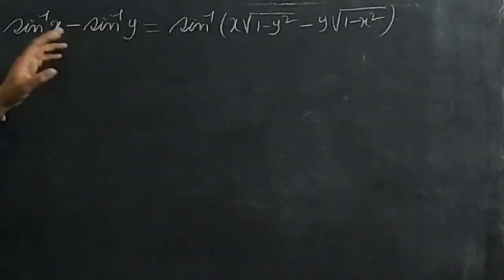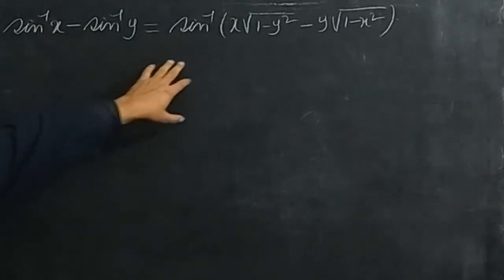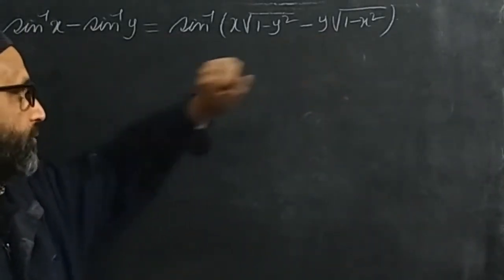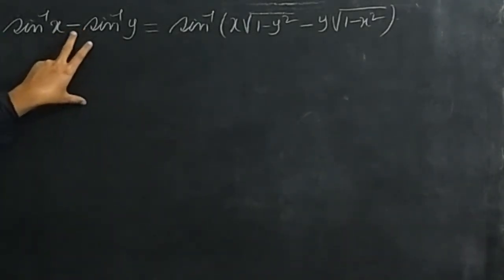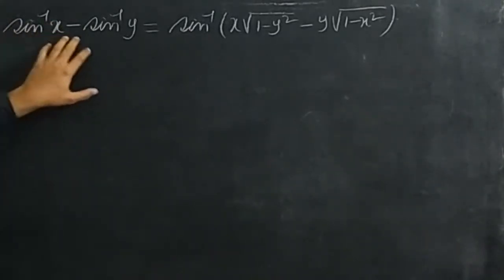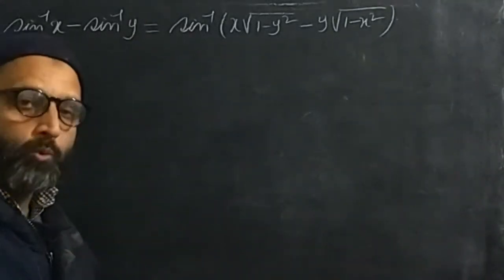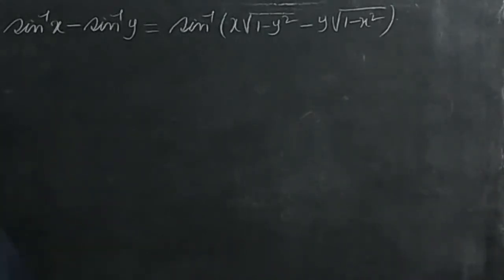We have proved sine inverse x plus sine inverse y is equal to sine inverse x under root 1 minus y square plus y under root 1 minus x square, and here in this formula there is only minus sign in place of plus in the first one. The proof of this formula is just the same as we have done the first one, so you better try this one yourself.